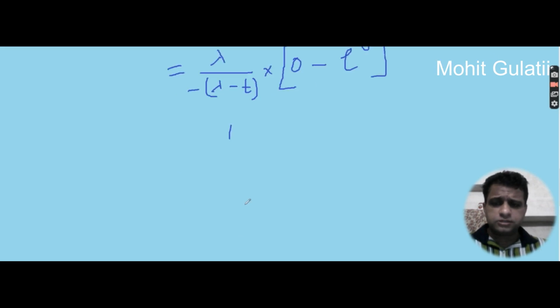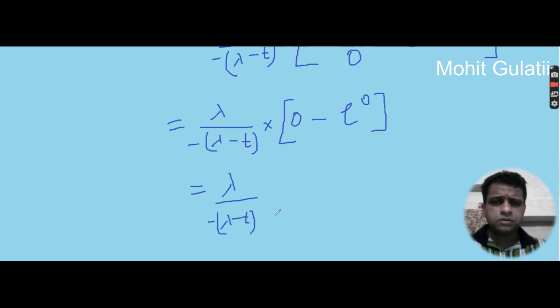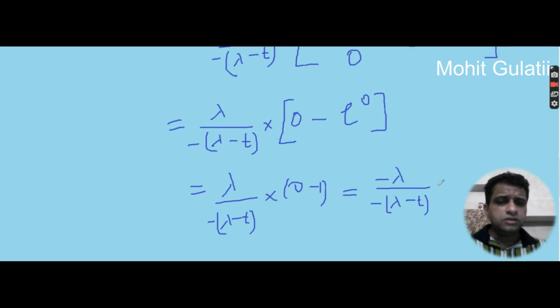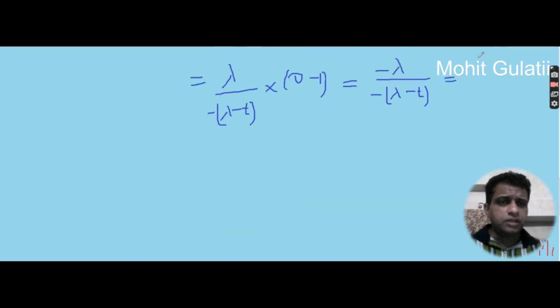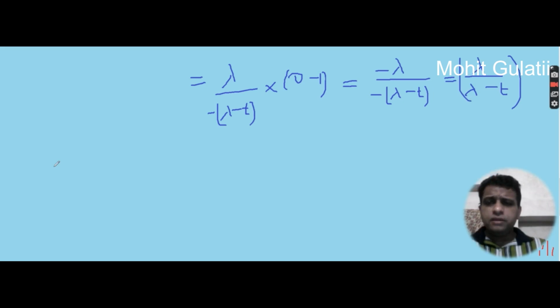So it will be 0 minus 1, which is minus lambda over minus (lambda minus t), which is lambda over lambda minus t. So this is the moment generating function of the exponential distribution.